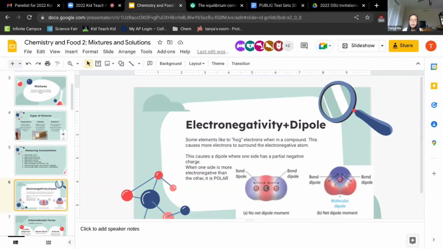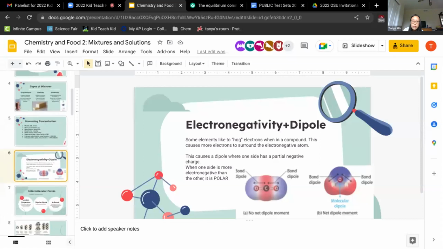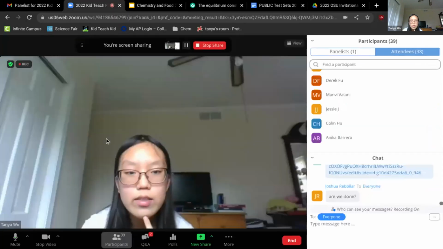That is a permanent dipole where the oxygen is more negative and the hydrogen is more positive. The dipole-dipole force is when there are two permanent dipoles like that, and the positive side is attracted to the negative side because opposites attract, and that's how they hold together. Does that answer your question?